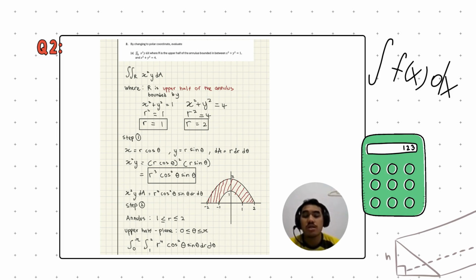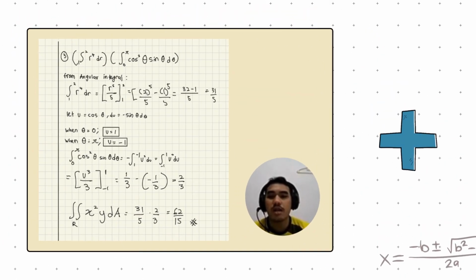Since the annulus is between r equals 1 and 2, the angle theta range is only between 0 and pi. For the next step, we have to set up the integral. We can separate the integral into two parts, which are the radial part and the angular part.